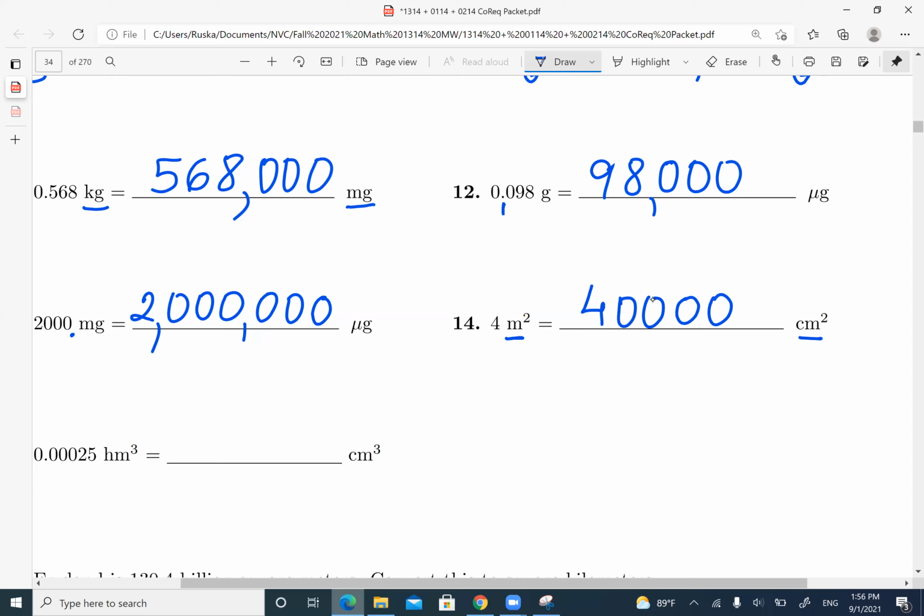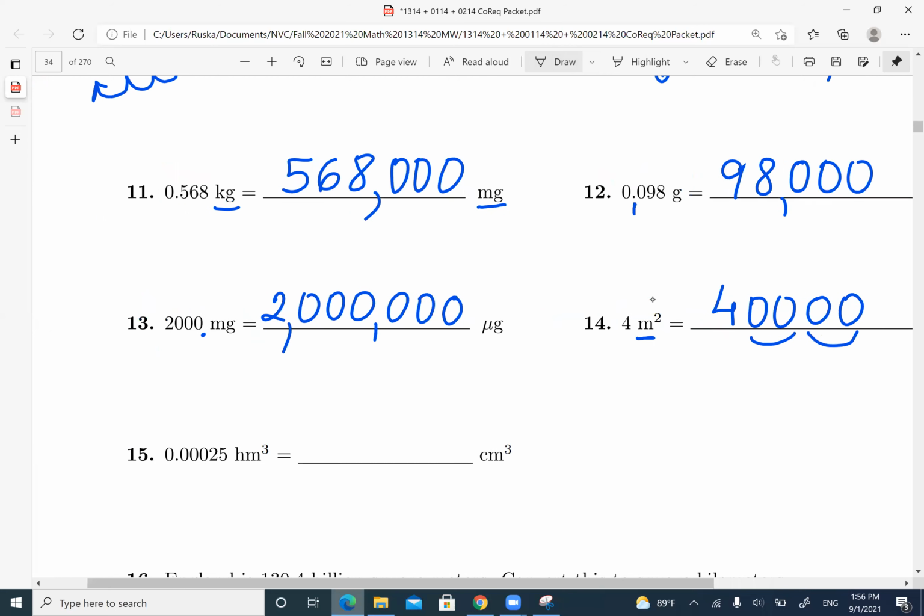Everybody understand that? So put in 2 zeros for meter to centimeter, and 1 more time 2 zeros because we have a square. And that's going to give me 40,000. Okay? Everybody get that?